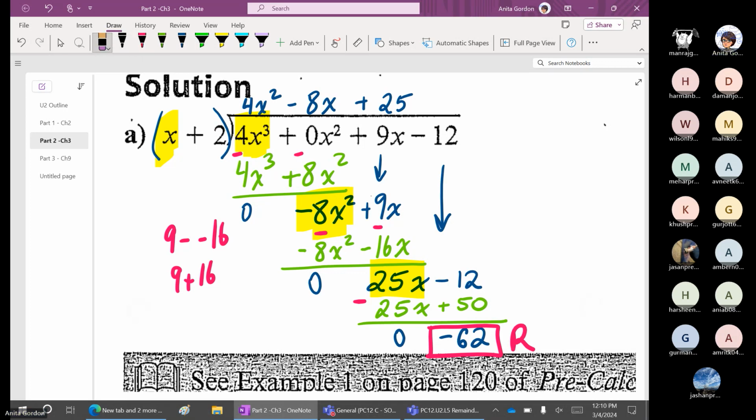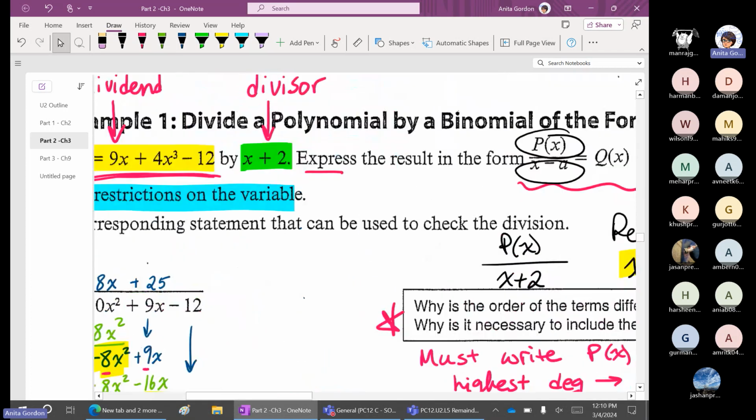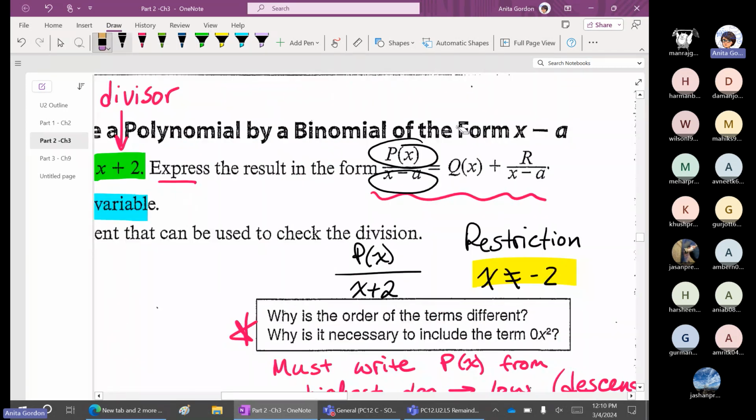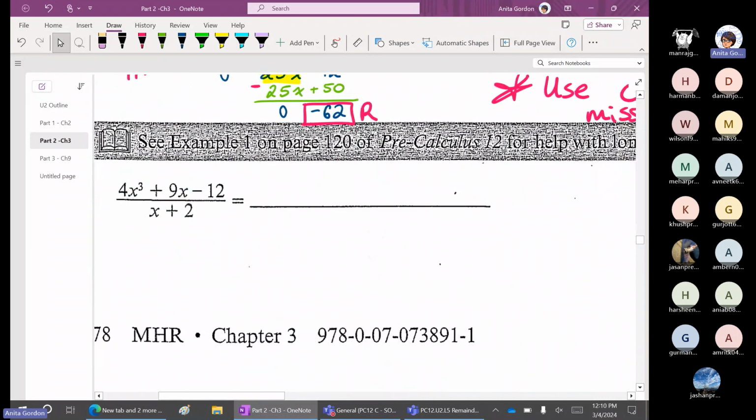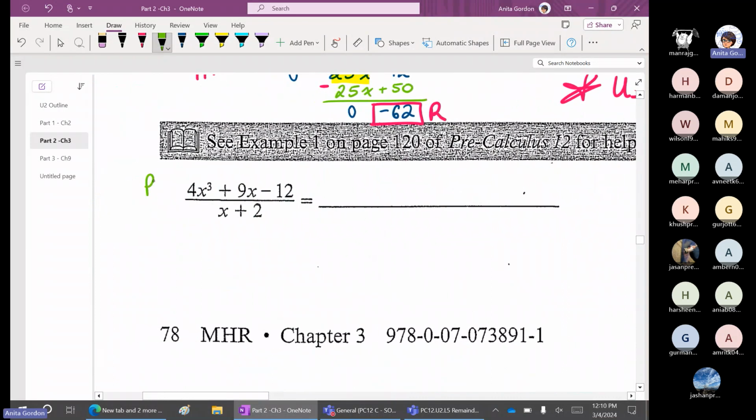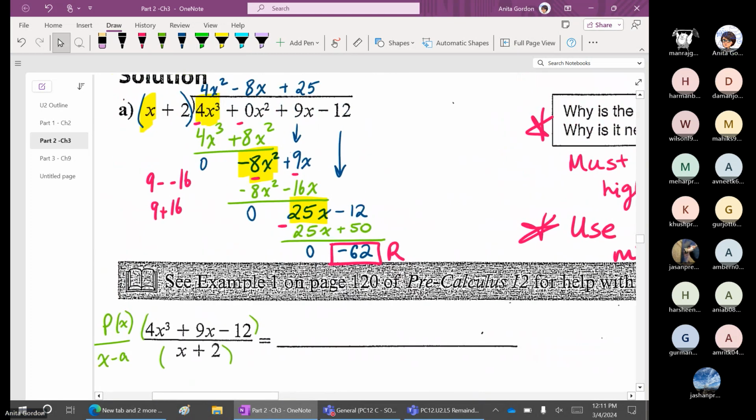Okay, so in order to write this in this format, this is the format I want. Here's my original p of x over x plus 2. What is the result? This is my quotient.